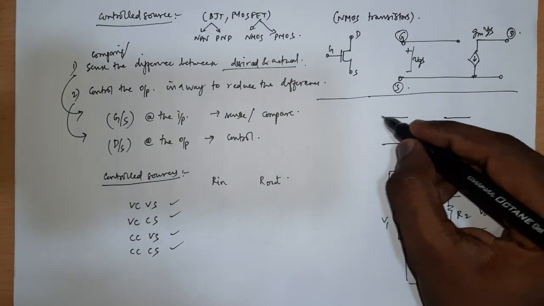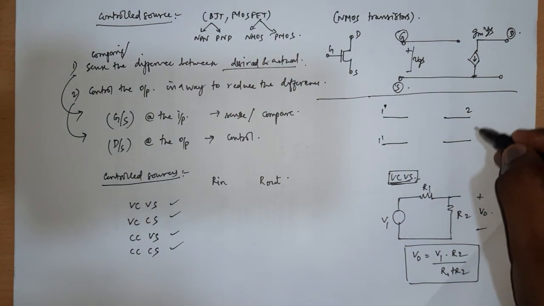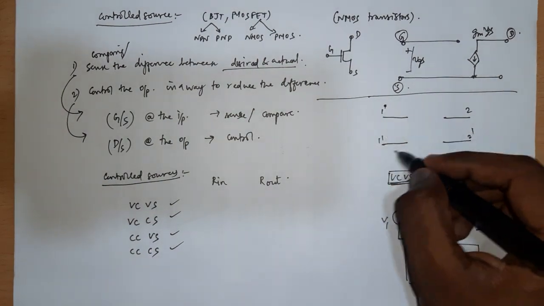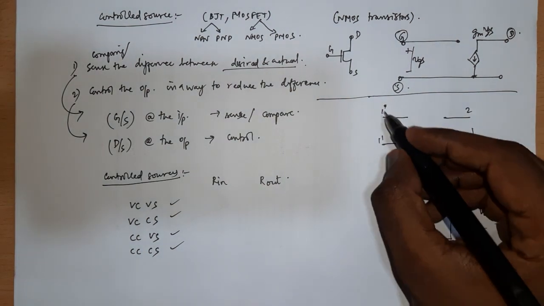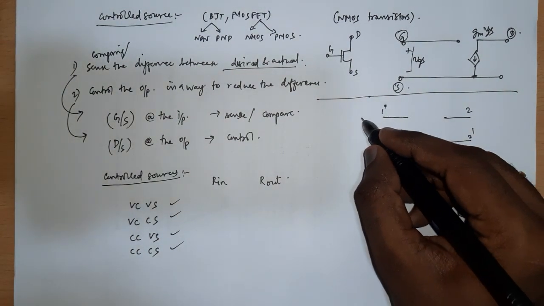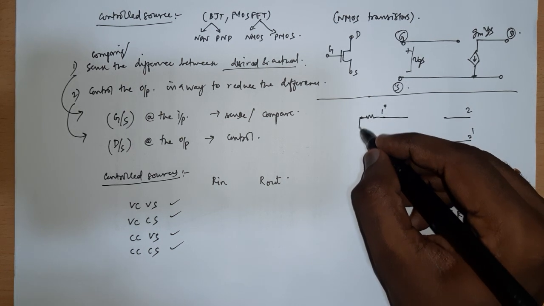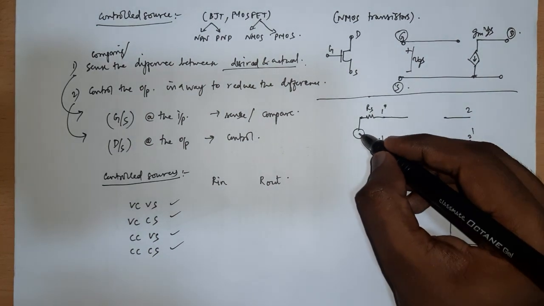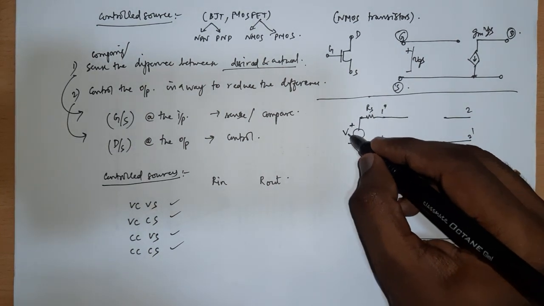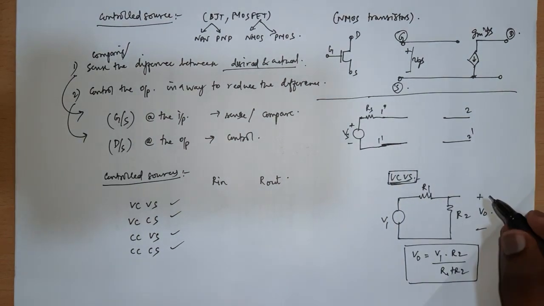Let's say this is 1 and 1 dash, and this is 2 and 2 dash. I want to control the second port using the first port voltage, let's say like this. And let me connect my voltage source. It will always accompany an RS source resistance, because nothing is ideal. So I have some source voltage VS, and I have connected that to the first port.